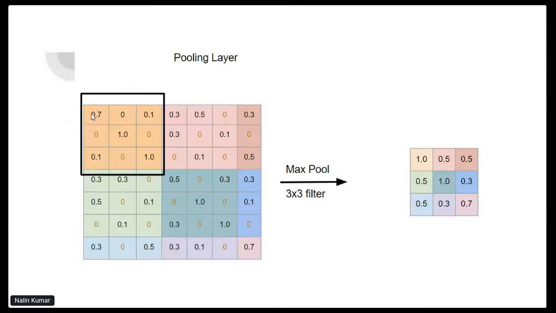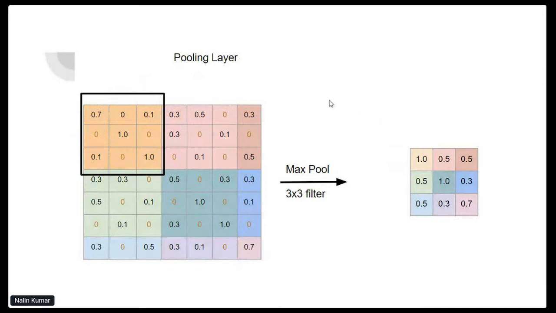After the ReLU activation function, we want to see whether the feature is present in that window or not. So we use a maximum pooling layer, which checks in the given window whether that feature is available or not. In this window 1.0 is the maximum.